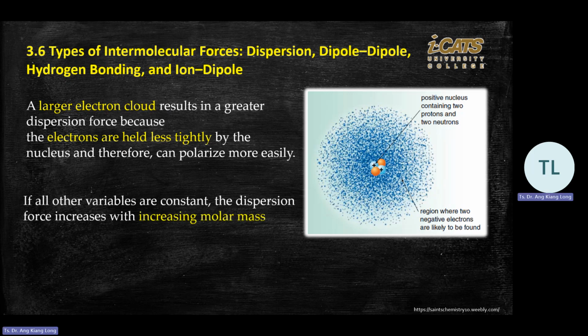If other variables remain constant, dispersion force increases with increasing molar mass. What is molar mass? Molar mass is the combined weight of the atoms in that particular molecule. For example, H2O, the molar mass is 2 plus 16, which gives 18 grams per mole.